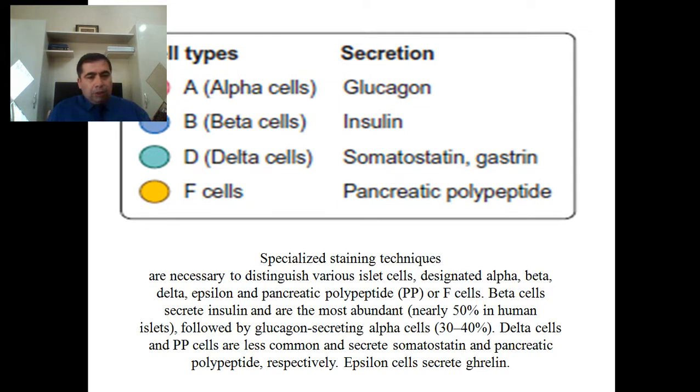What is important at this moment? Glucagon and insulin are important in the carbohydrate exchange of the body, because by insulin the excess glucose is stored in the liver as glycogen.